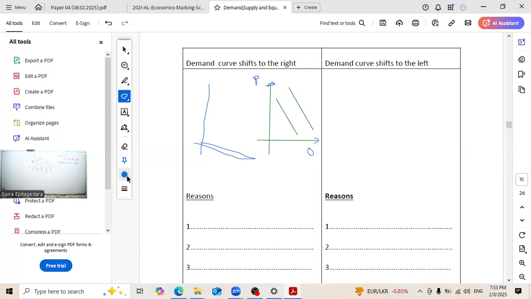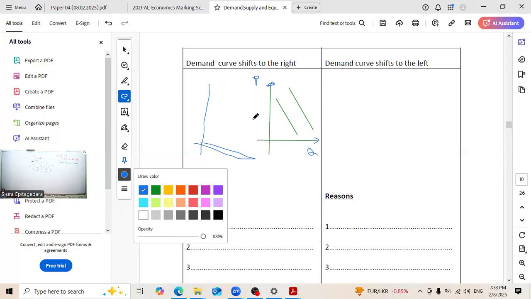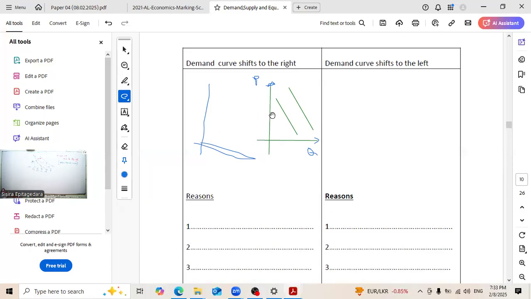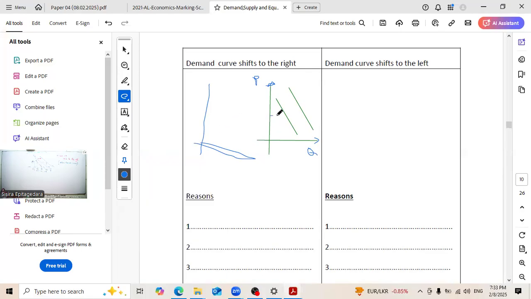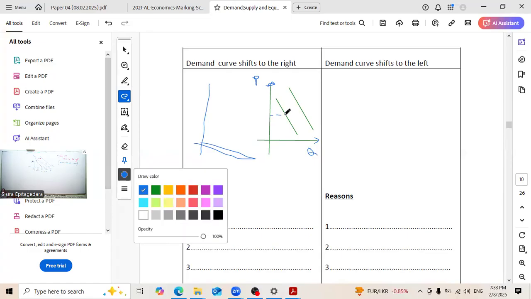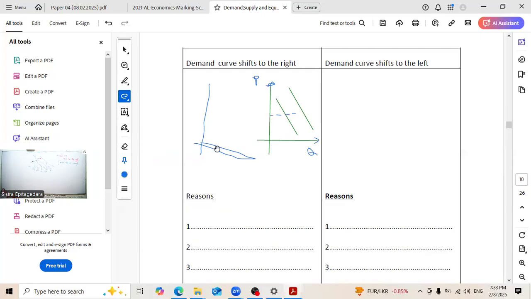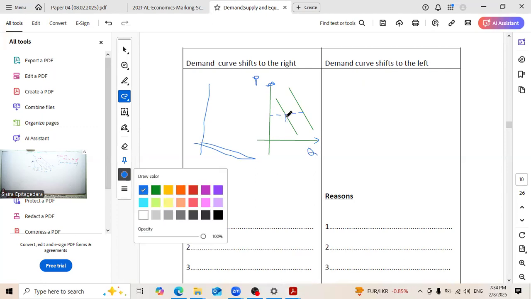Then you should mark a price dotted line like this, and mark the quantity as well like this.